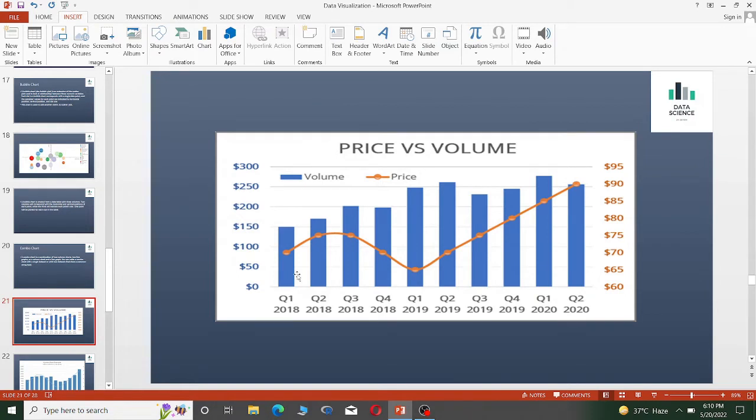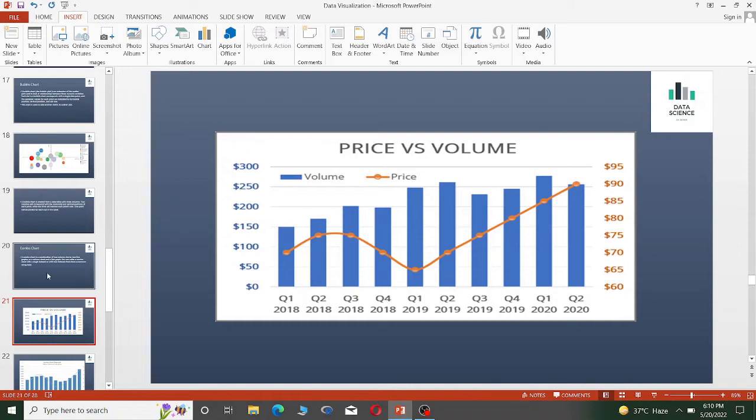Guys, what should you do right now? Please pause the video and try to analyze by yourself what you are seeing in this graph and how it is a combo chart. It is a combination of a column chart and a line chart.